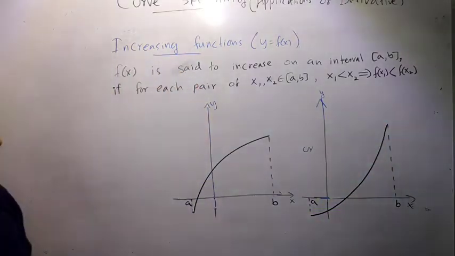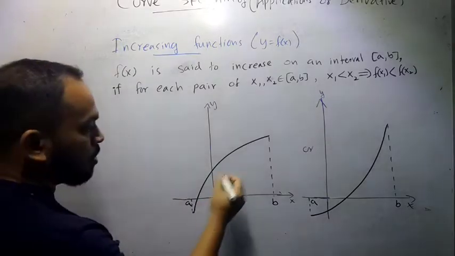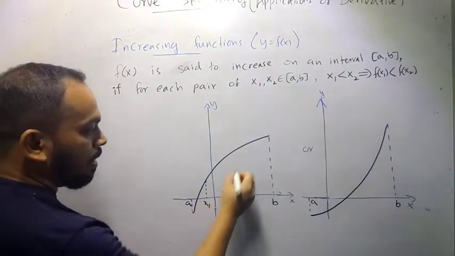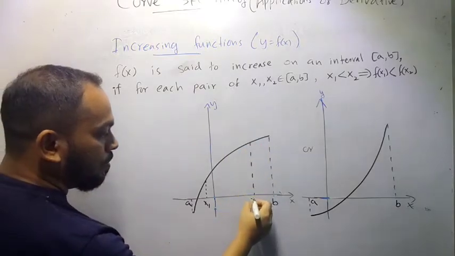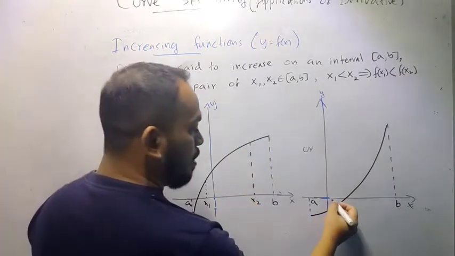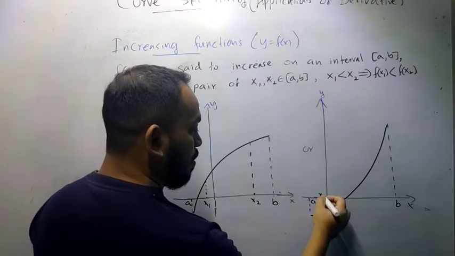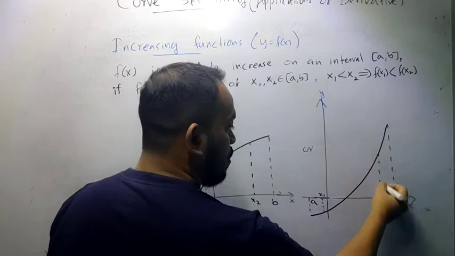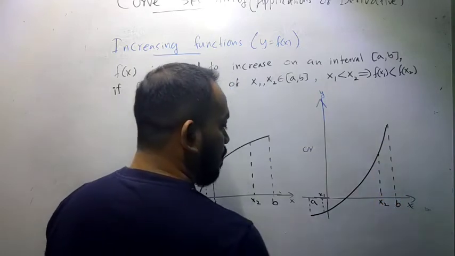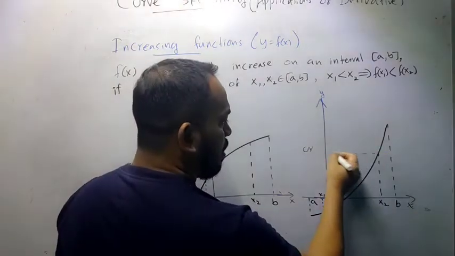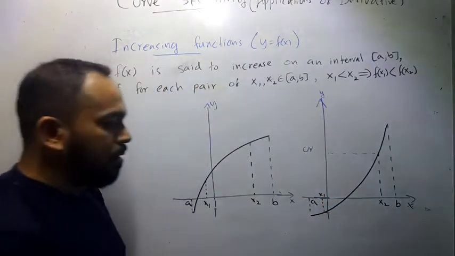If we select a pair x1 and x2, this would be our x1 and this would be our x2. You can see the coordinates.